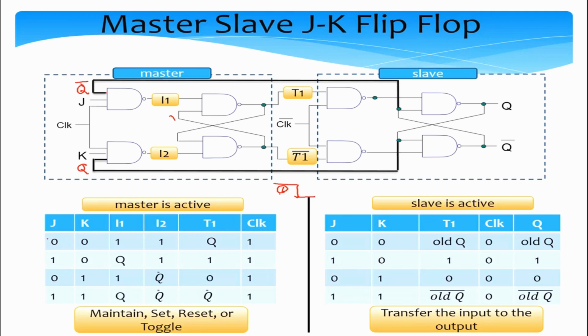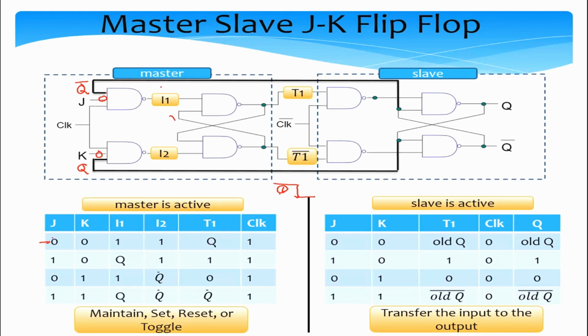So let us consider each of these cases. The cases are simple. The first case is when J is 0 and K is 0, right? This is a very simple case. If J is 0 and K is 0, then if one of the inputs of an AND gate is 0, then the output is set to 1.